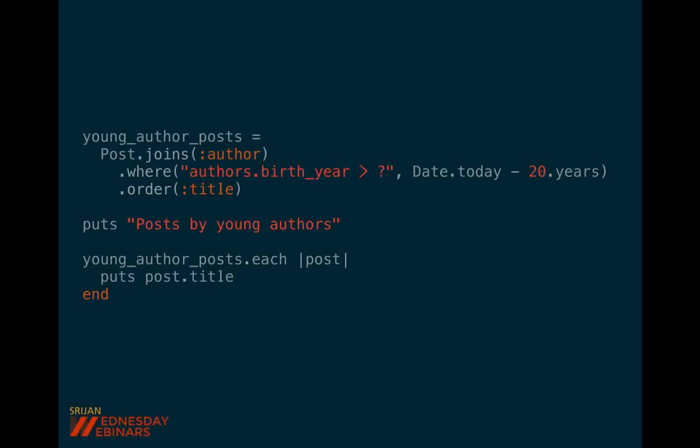So we can join the author table and then put a condition on the authors table. This would be a good spot for an index, by the way, on birth year. And we get to use the relation, and it just works out really nicely there.